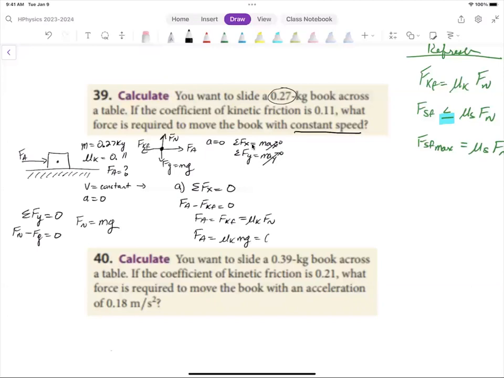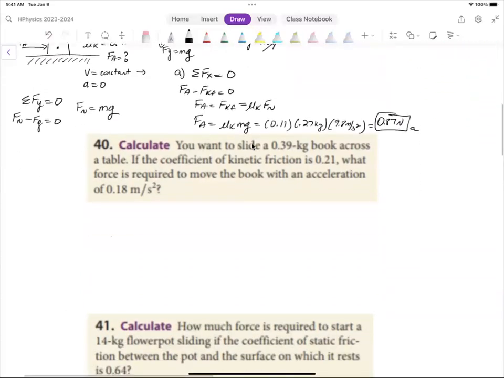Now I can plug in numbers. 0.11 times the mass, 0.27 kilograms, times the magnitude of acceleration due to gravity on Earth, which is 9.8 meters per second squared. And we find that that equals 0.87 newtons. And that is the answer for the question.